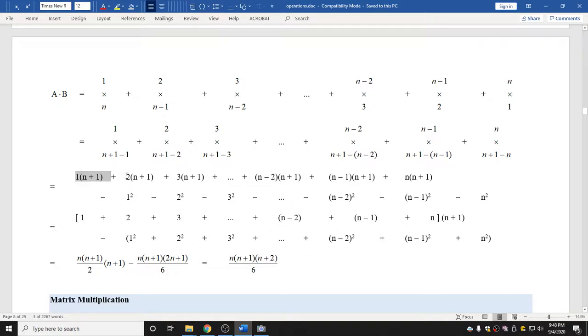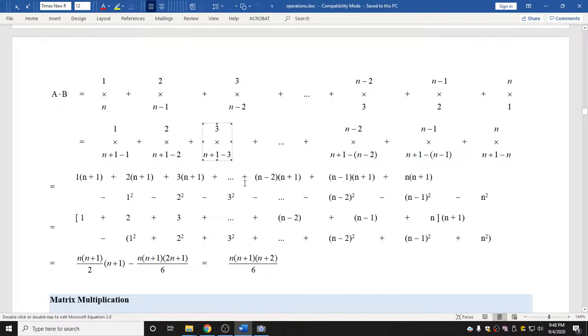And here on the bottom, I'm putting my minus, and then 1 times 1, which is 1 squared. We know it's 1, but I want to see a pattern here. Now the second one, plus 2 times (n plus 1) minus 2 times 2, which is 2 squared. And here, 3 times (n plus 1) minus 3 squared.